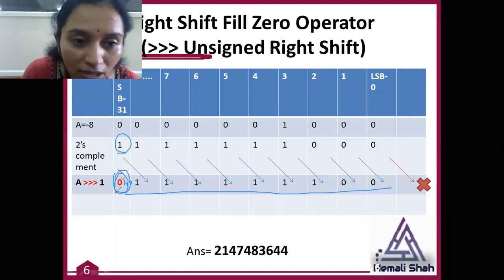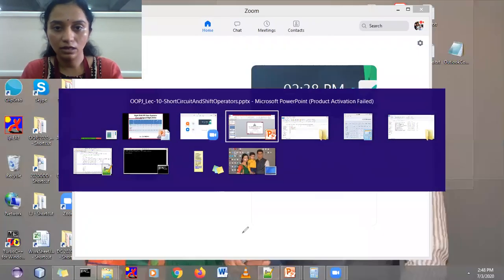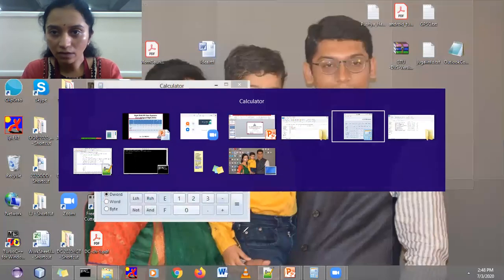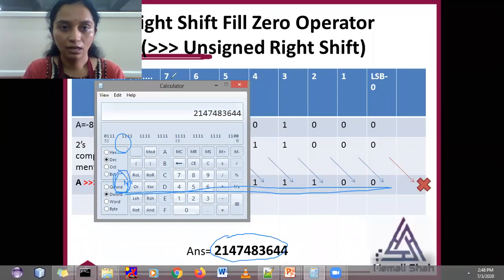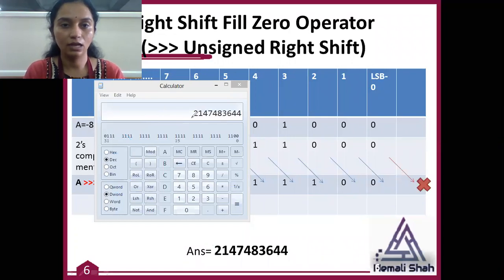And this is not a negative number. Why is it not negative? Because the most significant bit is 0, not 1. So you will get this value as the answer. If you want to check whether it is the representation of the binary value, yes. See here, I have this binary programmer calculator.